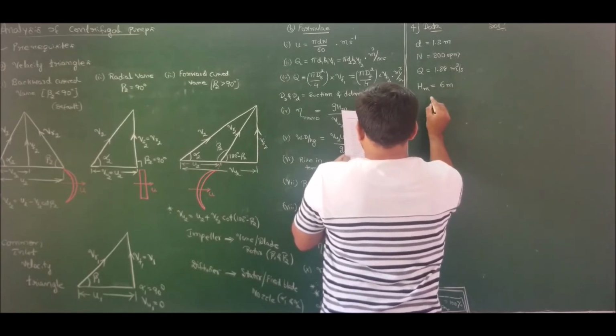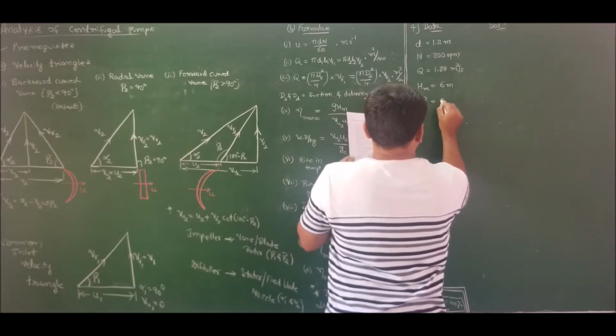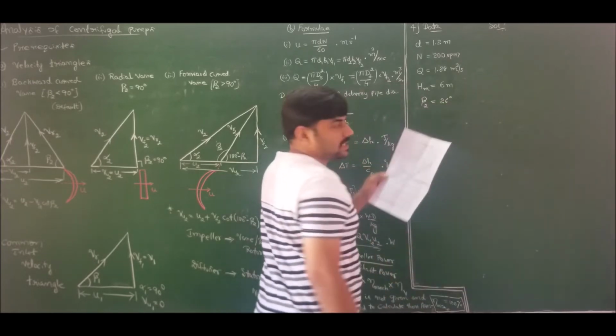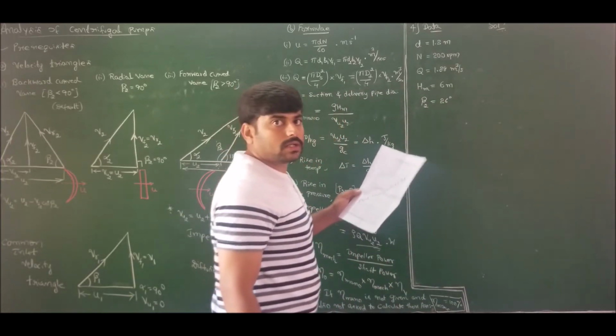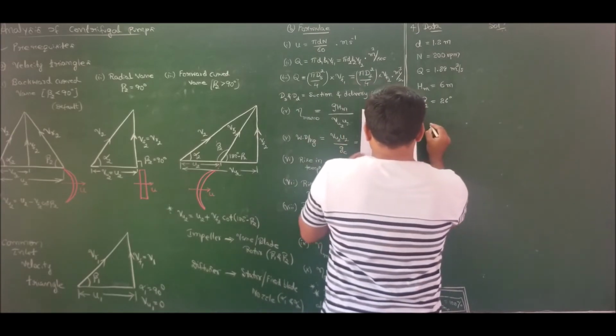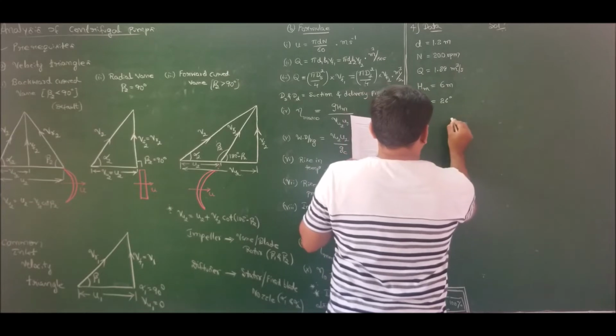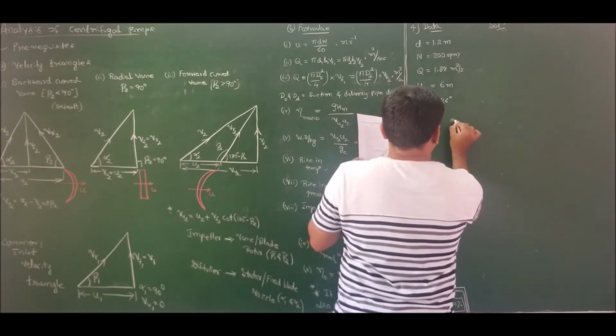The angle which the vane makes at exit with the tangent of the impeller is 26 degrees. So exit vane angle, that is exit blade angle or impeller angle, is 26 degrees, from which it is clear that it is a backward curved centrifugal pump. And the radial velocity of flow is 2.5 meters per second. He has given the flow velocity but not specified whether it is for inlet or exit.